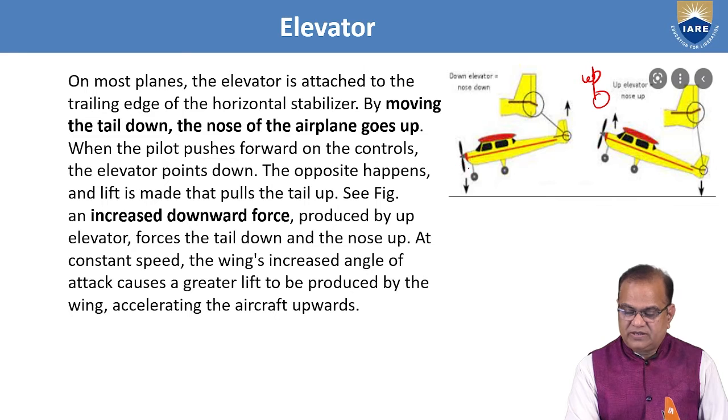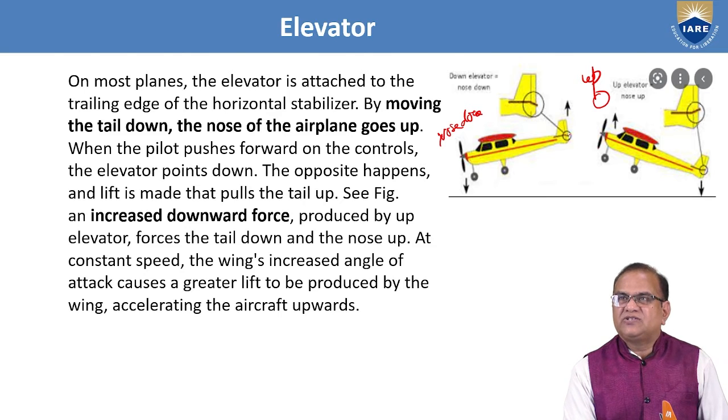But if you want nose down, this is called nose down. It means, just here you can see, the elevator is down. If the elevator is down, the force will act upward and the tail will go up. So the tail going upward will make the nose down, and the tail going down will make the nose up. So in this way, the nose is going down and this is going up.